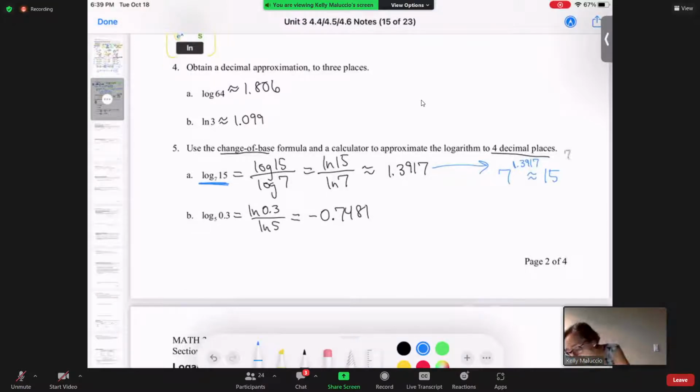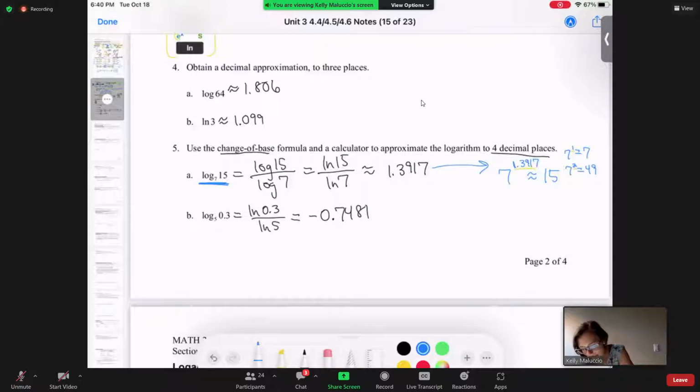And that makes sense because 7 to the first is 7 and 7 squared is 49. And 15 is closer to 7 than 49. So 1.39, that's closer to 1 than it is to 2, but it's in between. So this makes sense. It's logical, right? So if you got like 92.6, you'd be like, I pushed the wrong button here because that shouldn't make sense.